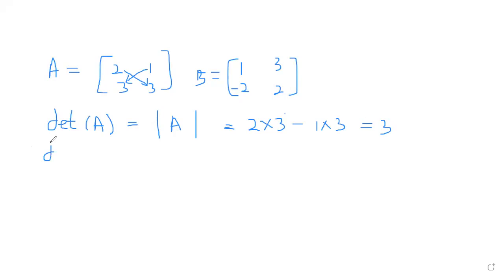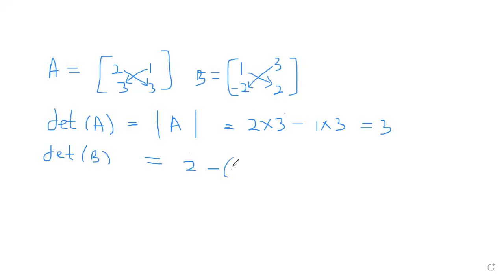The same way, the determinant of the matrix B will also apply the same principle. That will be this times this. So 1 times 2 is 2, minus 3 times negative 2, which will be negative 6.